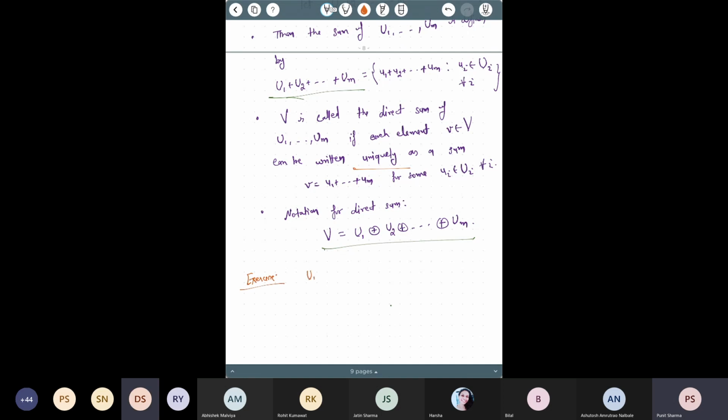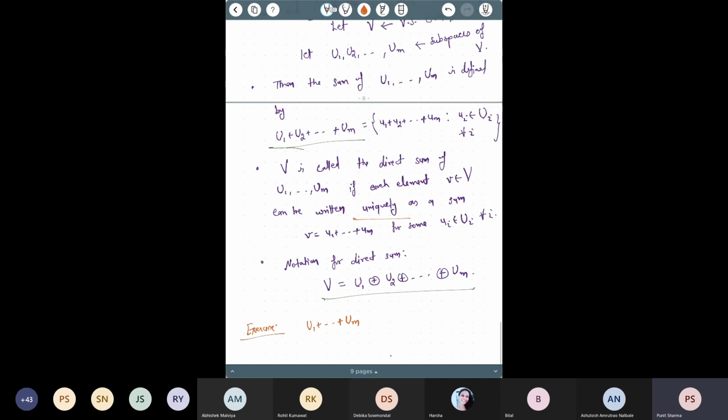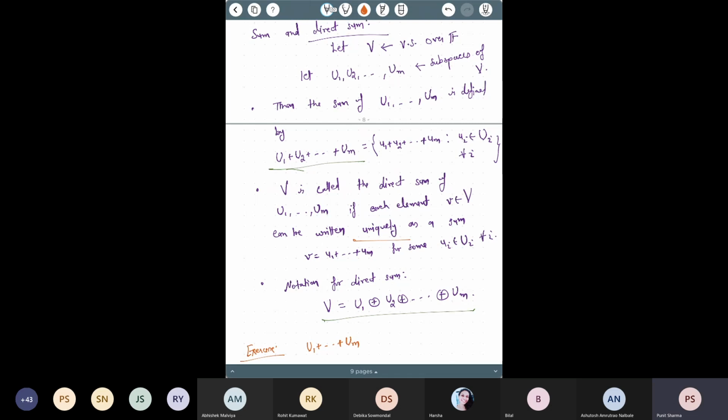Sir, please explain the unique sum. No. So here I'm just saying this is the definition. Whenever I say something about the direct sum, then I will talk about this uniqueness. In the sum, I'll give one example where you will be convinced that these two things are different. In the first, I'm not talking about anything.